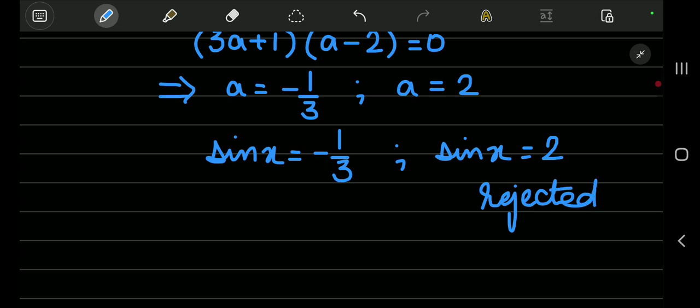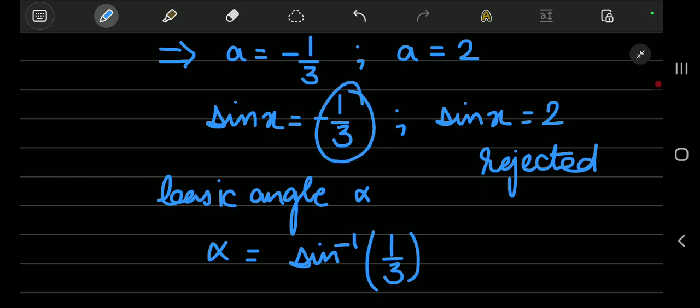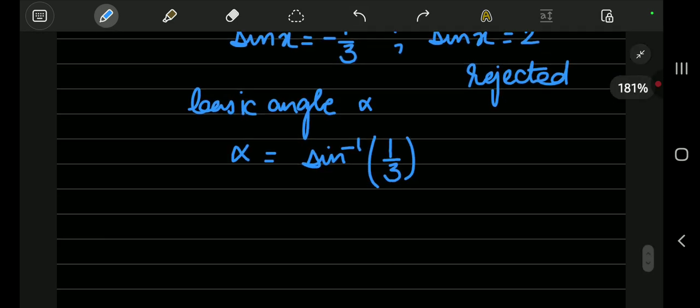Now let's take this to find out the angles. First we find the basic angle. Let's call it alpha. So alpha is going to be equal to sine inverse of 1/3. We are just taking the number without taking into account the sign, because the sign just tells you in which quadrant this angle is going to lie.